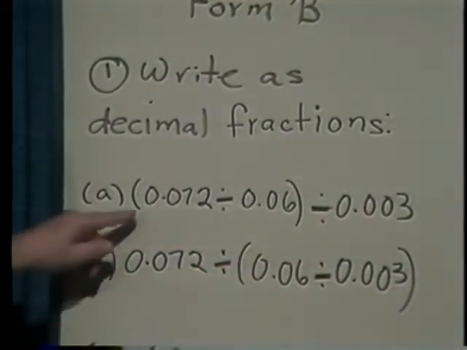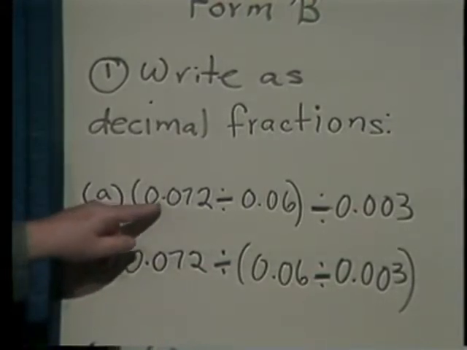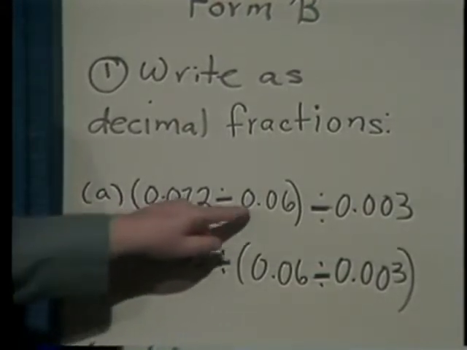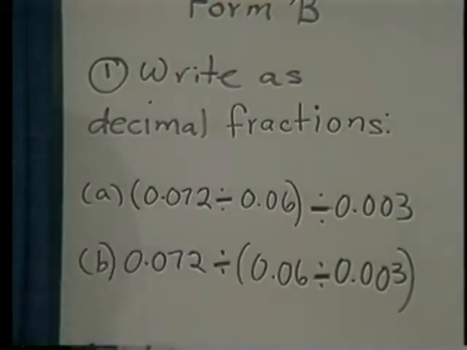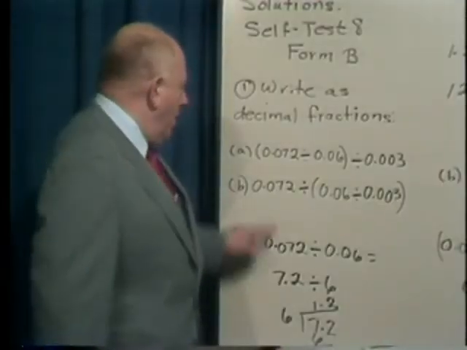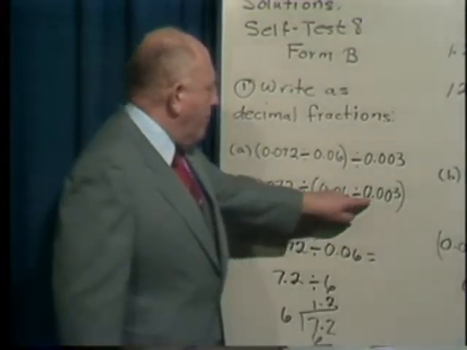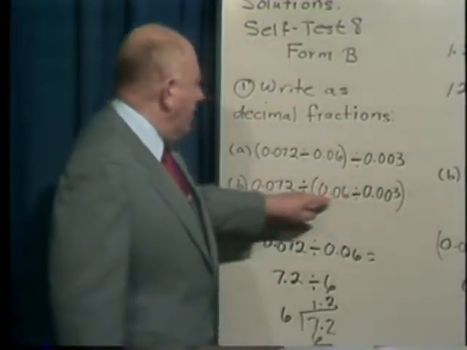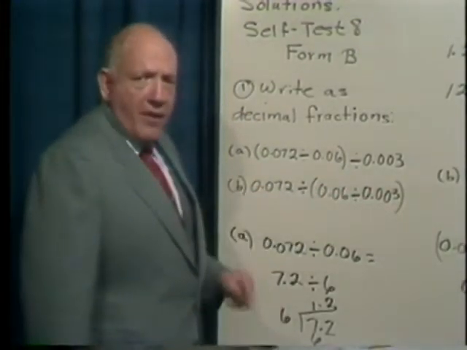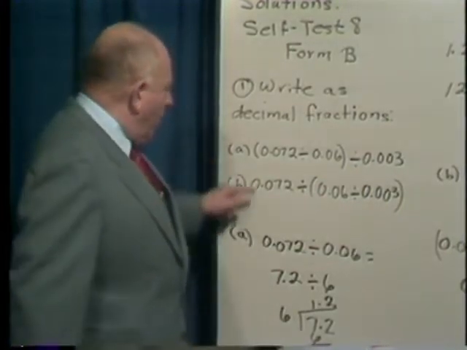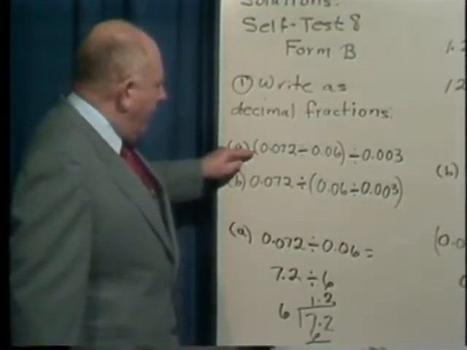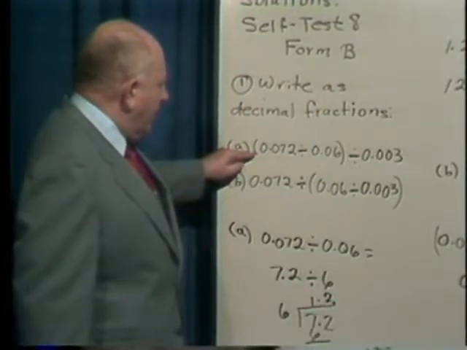But the difference is, in part A, you're first going to divide 0.072 by 0.06, then divide by 0.003, whereas in part B, you're first going to divide 0.06 by 0.003, and then divide 0.072 by that quotient. So basically, remember, everything inside the parentheses is done first.